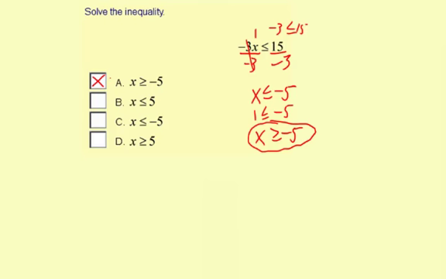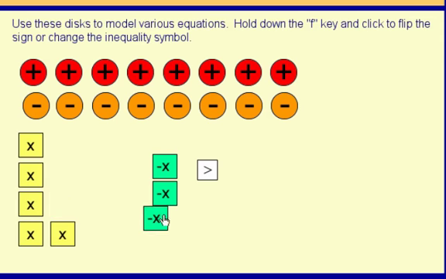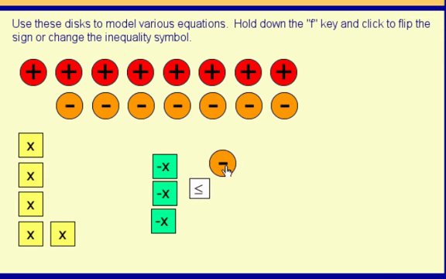Now let me show you using the algebra chips. Okay, so we're going to have negative 3x, so I'm going to have to flip 3 of these x's. And it's less than or equal to, so I have to flip this inequality sign. And then it's negative 15.